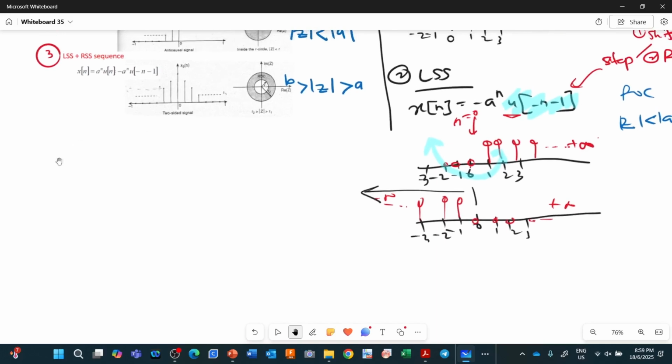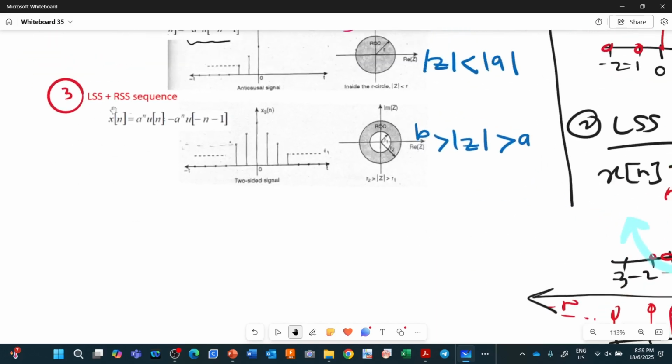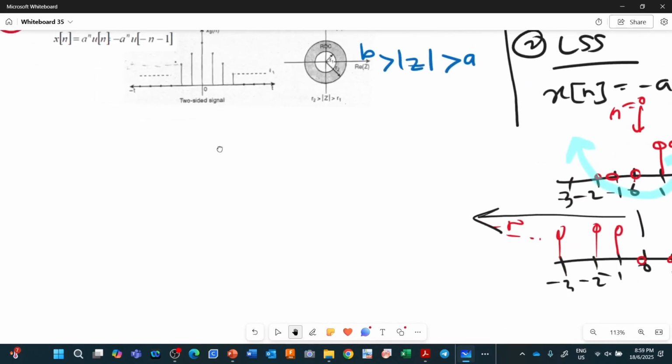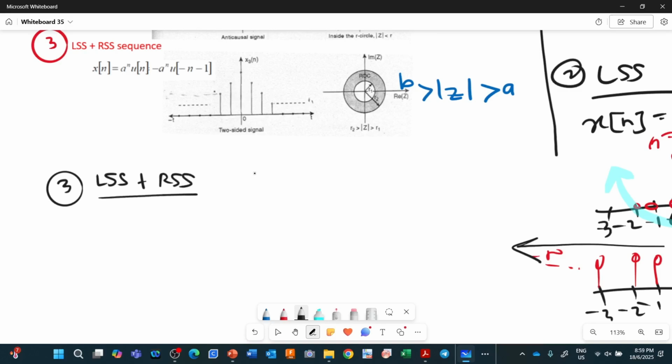Equation number 3, which is this one, let me just write it here. Number 3, we have both LSS plus RSS. So what does this mean? We have both in the equation. So x[n], you have a combination of a right-sided sequence plus a left-sided sequence.